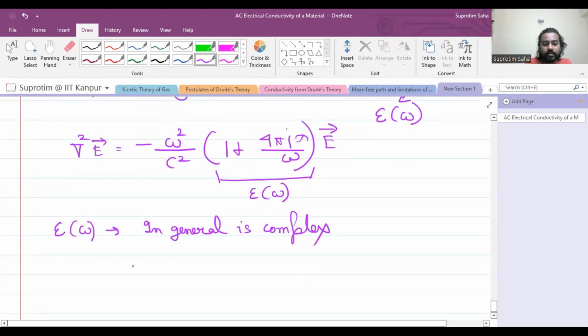So your epsilon of omega is 1 plus 4 pi i sigma over omega.